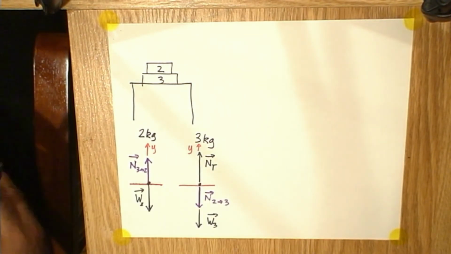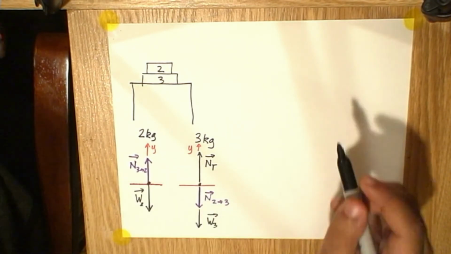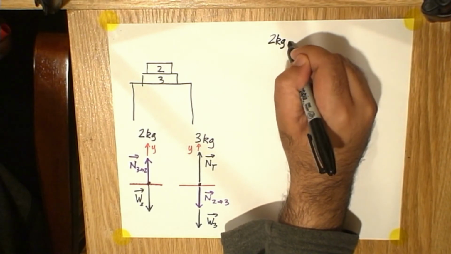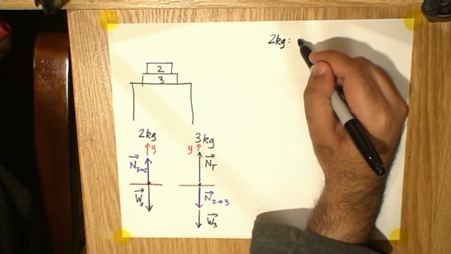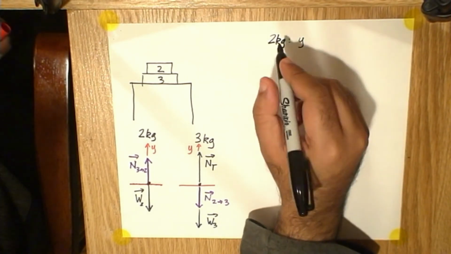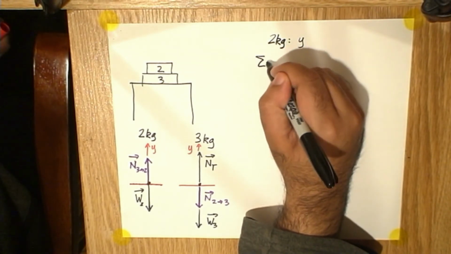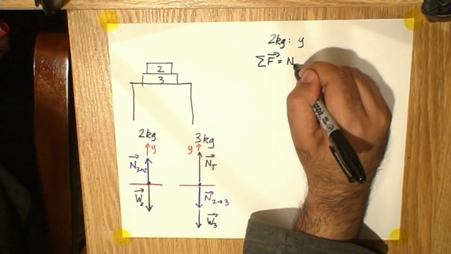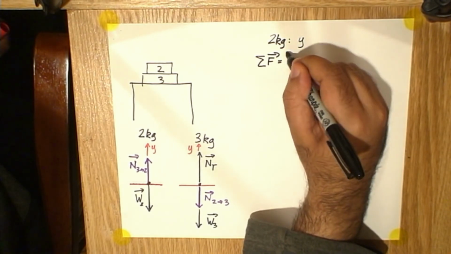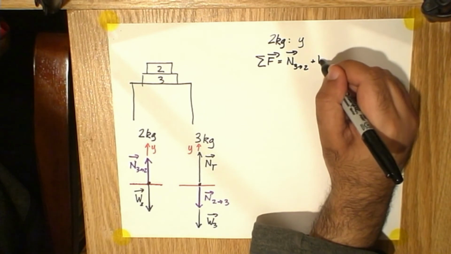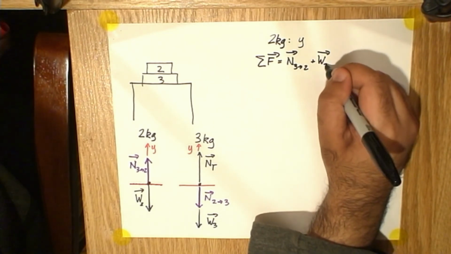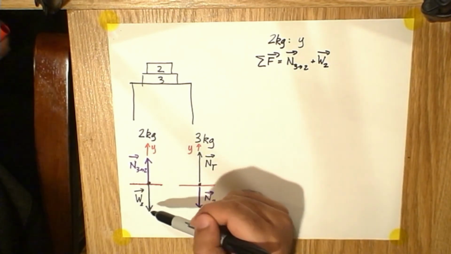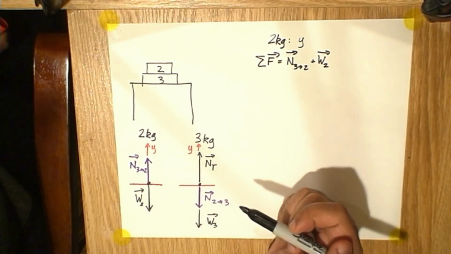Now, let's analyze the forces occurring on the 2 kilogram object. The 2 kilogram object feels forces purely in the y direction, and the total force in the y direction is equal to the normal force of object 3 supporting it plus the weight force of object 2, on the understanding that, again, the weight force is pointed down, so that force is going to be negative.